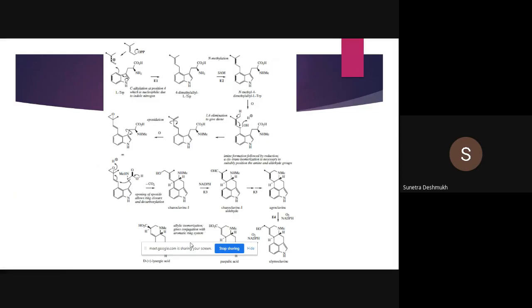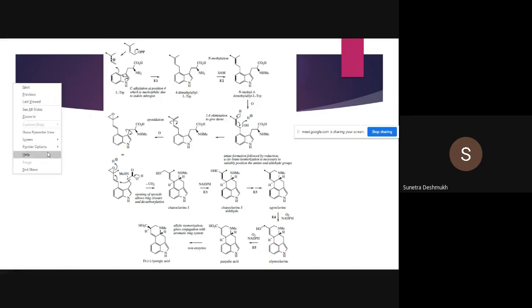It's quite a big biosynthetic pathway. Here we have taken L-tryptophan, and then IPP, the isopentenyl pyrophosphate unit. We know how to do the carbocation generation in that one, by removal of the pyrophosphate group from the IPP unit.